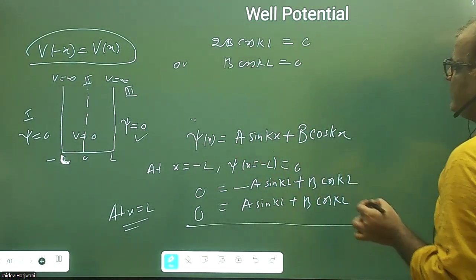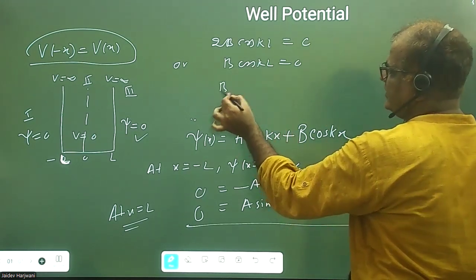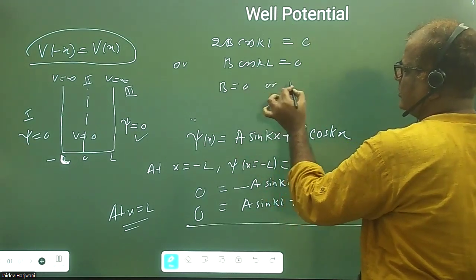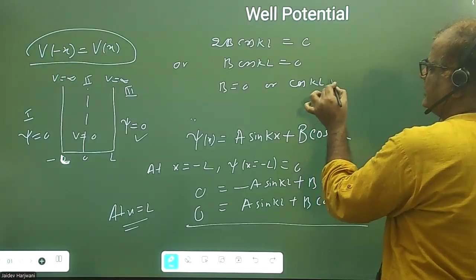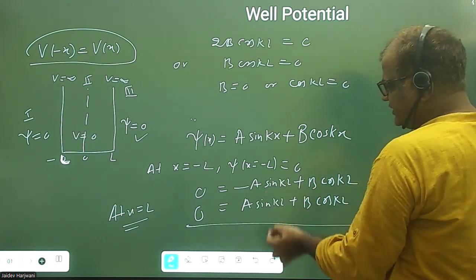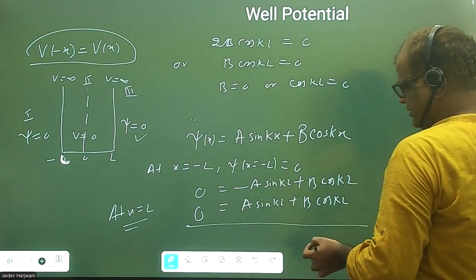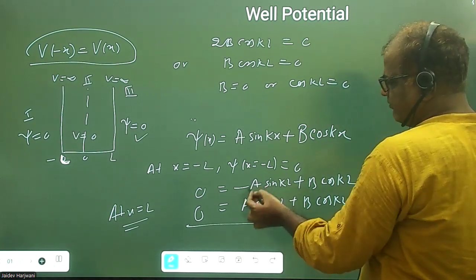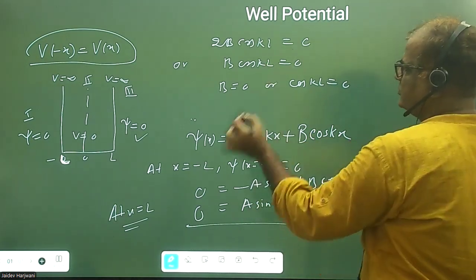Now this tells me either b is equal to 0 or cos KL equals 0. So these are the two conditions.